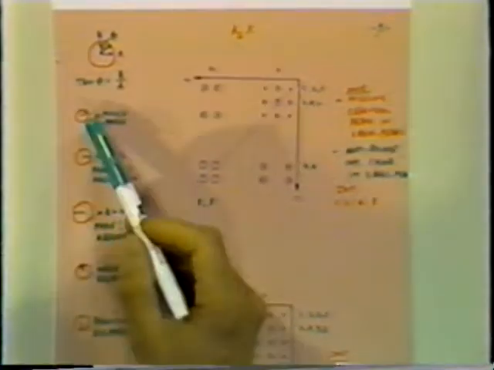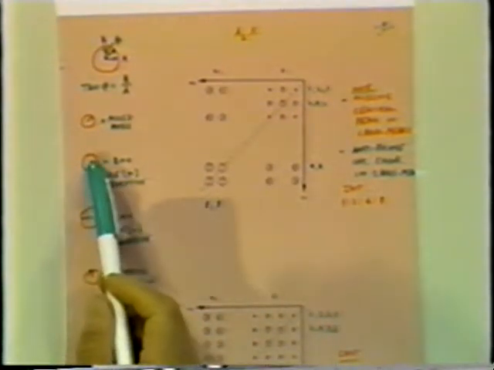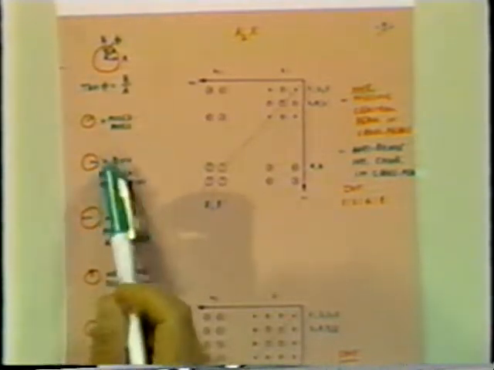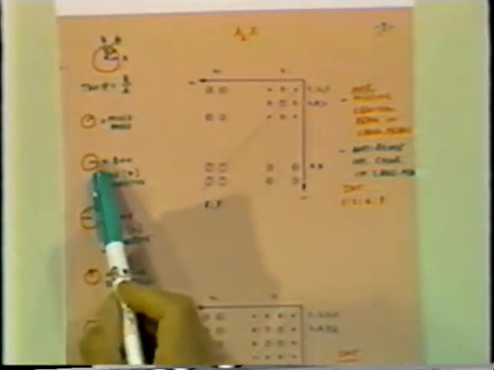For example, if the angle is an arbitrary angle, we will have a mixed phase of this peak. If the vector is pointing in the plus x direction, that means B is equal to 0, and it's a purely absorptive line shape. If it is in this direction, it's purely absorptive, but with a negative sign.